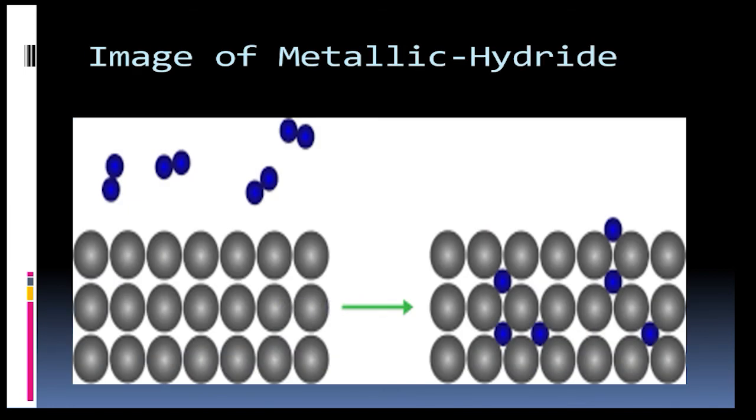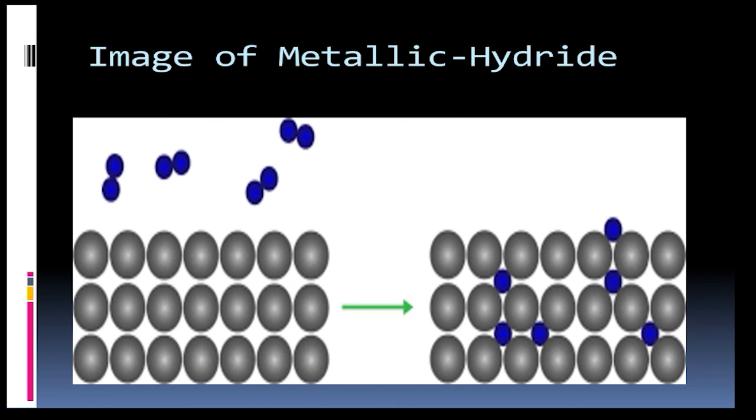Now have a look at the image of this metallic hydride, which is a non-stoichiometric hydride. I'm showing you clearly that the blue small balls are actually representing small sized hydrogen atoms. And these grey big balls are actually representing the lattice of the transition metal.